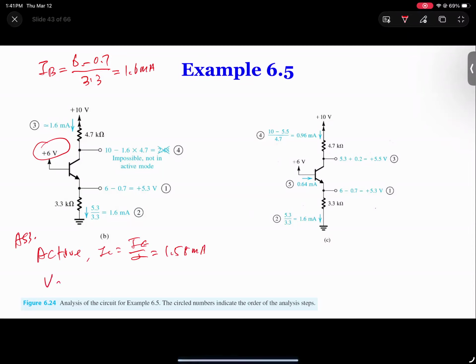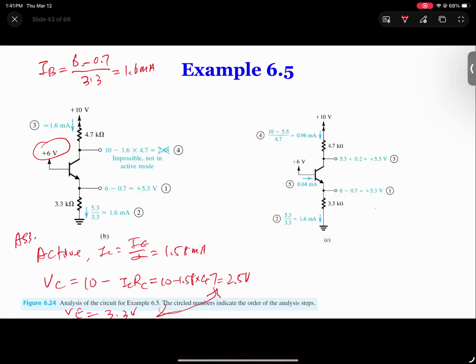And you calculate VC equal to 10 minus IC times RC. That gives you 10 minus 1.58 times 4.7, which is almost 2.5 volts. But your VE is 3.3 volts.